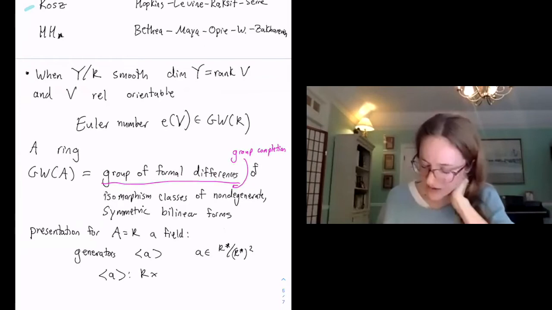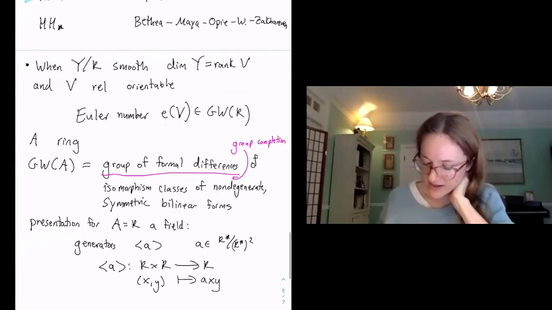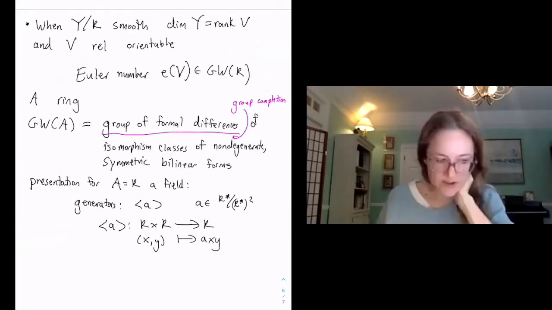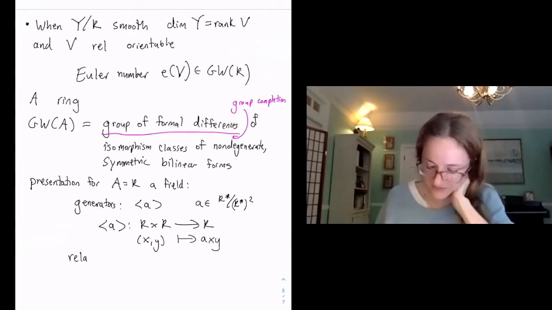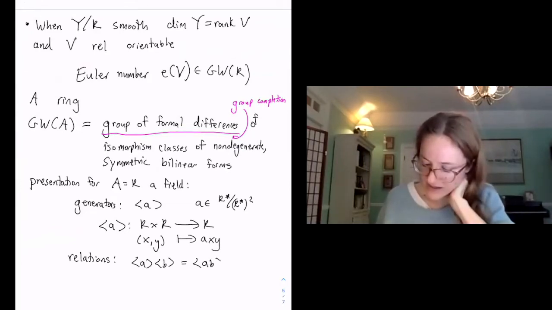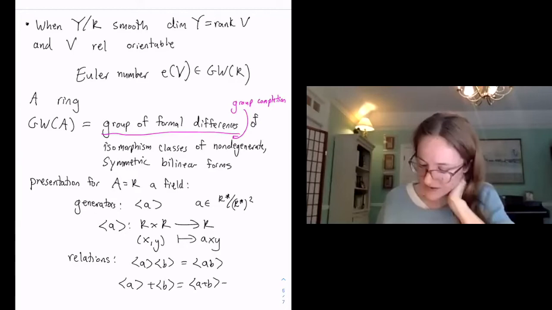A is on the one-dimensional vector space, K cross K to K, and we take, as a bilinear form, xy to axy, and it just has a few relations. We have that <A><B> equals <AB>, and <A> plus <B> equals <A plus B> plus <AB(A plus B)> when A plus B is not 1.